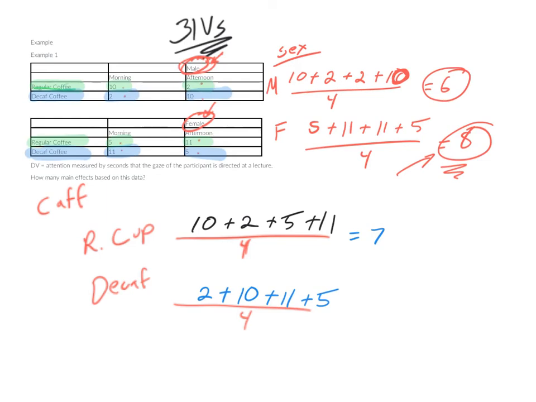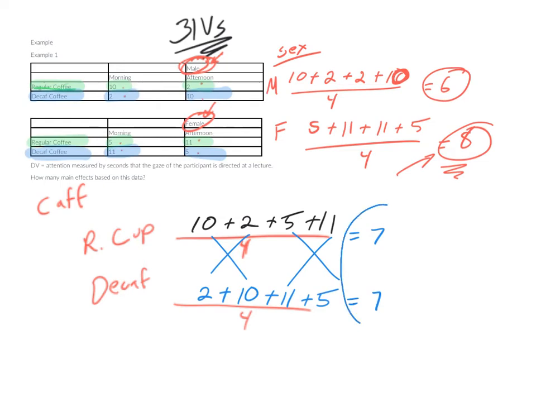So let me make sure I have the pen selected. So then here, you would also have a 7. You can average it out and you'll see you have the same number. You can just look at the numbers and you'll see you have the same numbers, right? You have a 10, a 2, a 5, an 11. It ends up being the same number, 28, and divide that by 4, you get 7.